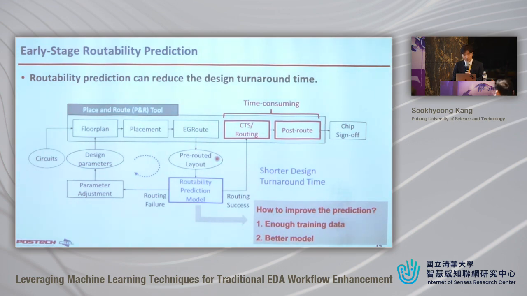The first one, we need to improve the prediction quality. We need to have enough training data, right? And we should use a better model. And also, if we predict the result, then we need to select an appropriate optimization method based on the prediction. So we addressed these 3 items in our publications.